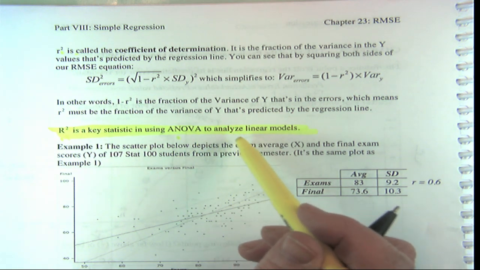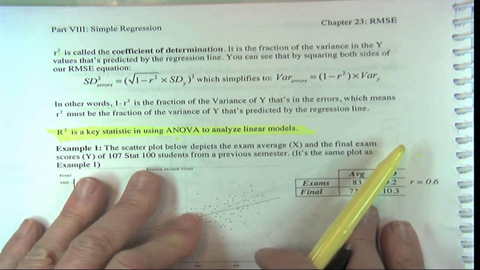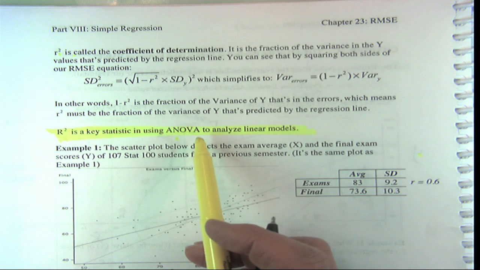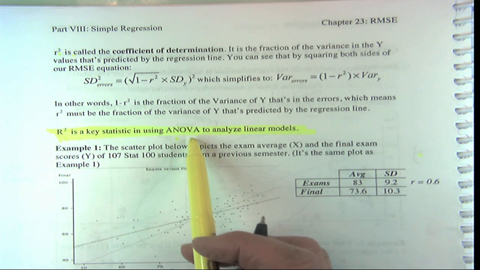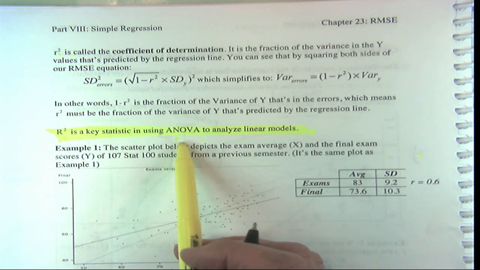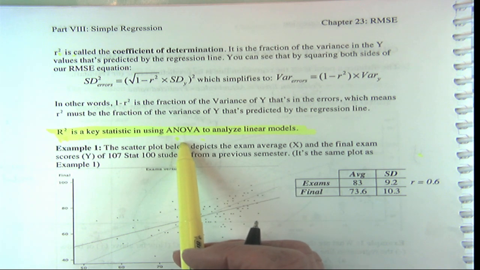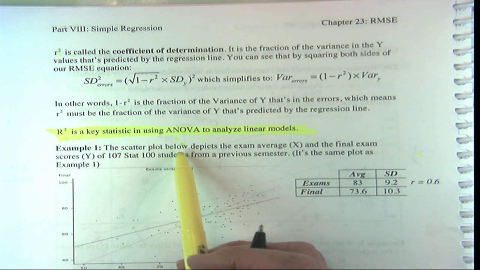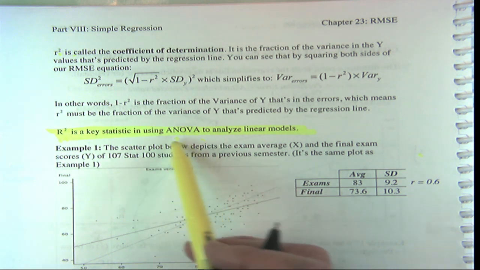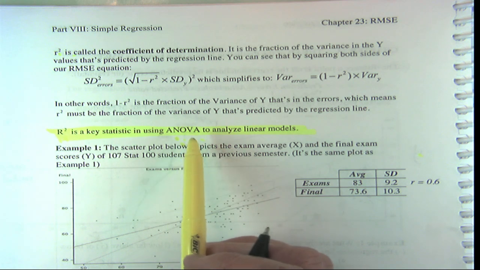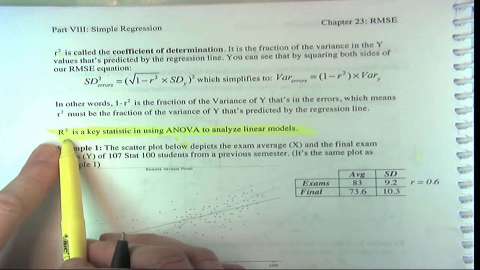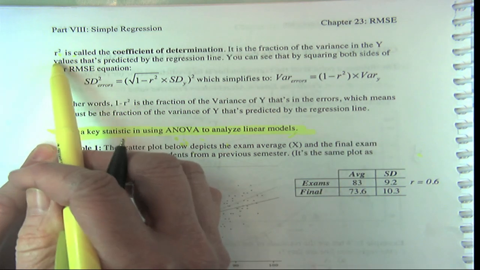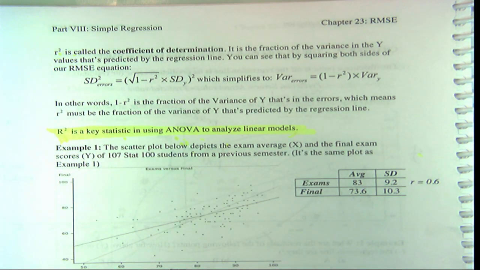This course is a lot about analyzing linear models, getting the confidence intervals for the slopes, and looking at whether they're significant. For all our significance tests, we're going to use analysis of variance. That's coming up, and this is a key statistic, so I wanted to show you this R squared now.